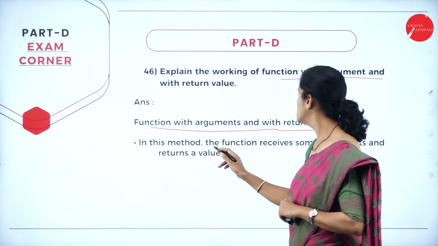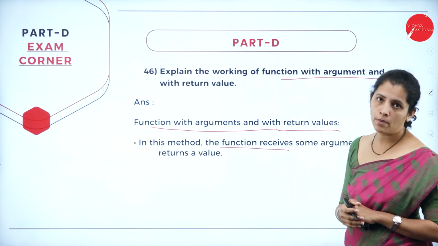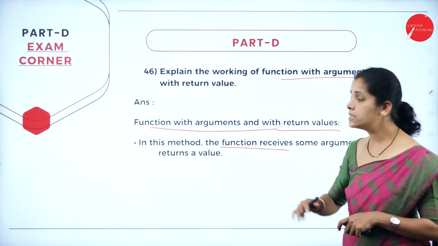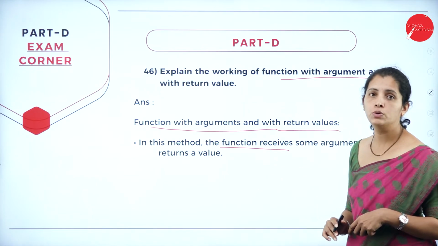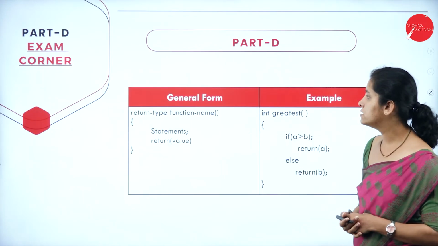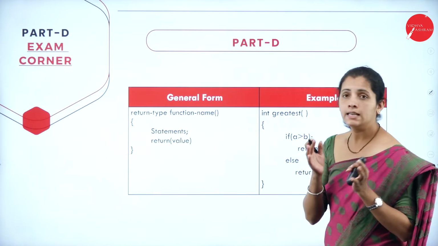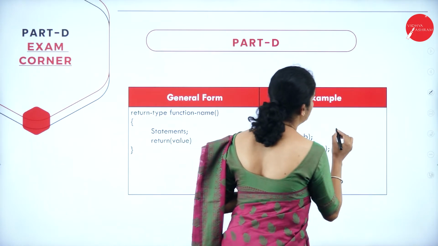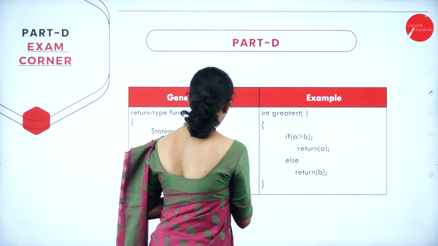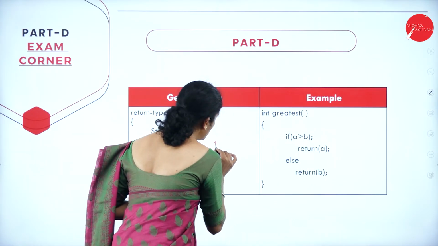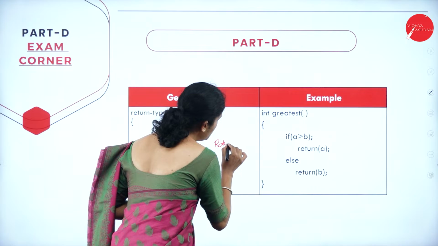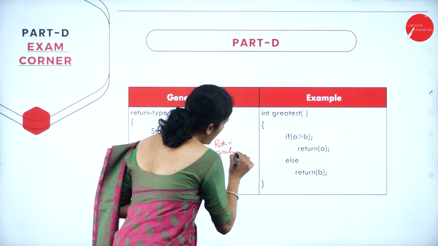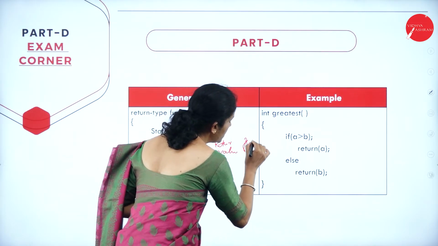In this method, the function receives some arguments as well as it is going to return some value to the calling function. So, dear student, let's consider the general form as well as an example here. Now, what is the general form I'm having here? That is, I'm going to have the return value. After that, my function name.